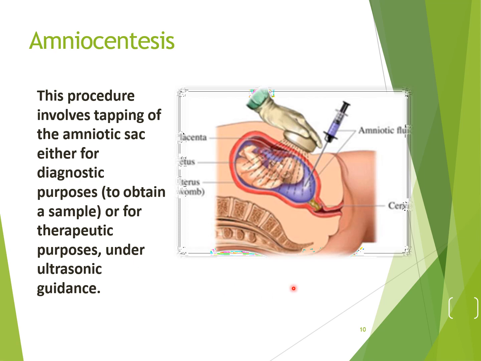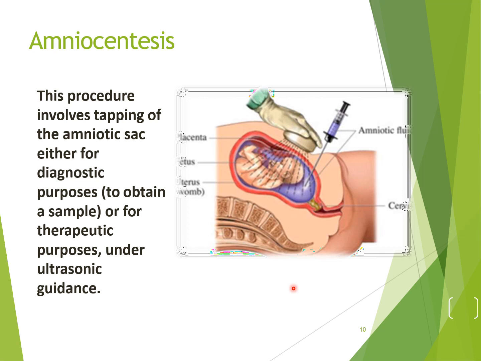This is a procedure in which we are taking the amniotic fluid from the amniotic sac and we are testing it for various purposes. And for obtaining the sample, per abdominally you are inserting a needle, and under the guidance of ultrasound USG, through the needle you will be taking the amniotic fluid.